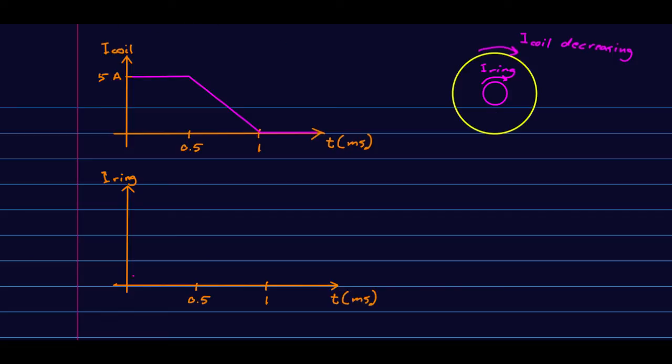But remember, there is no current in the ring when the current in the coil is constant. This 10 amps only flows in the coil for this half of a millisecond here, while the current in the coil is coming to a rapid stop.